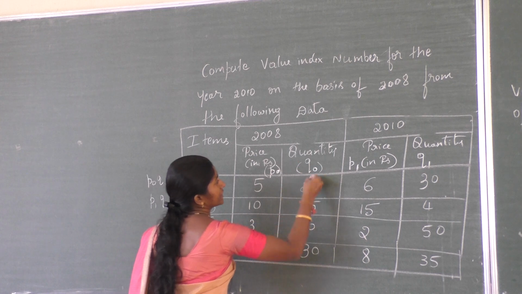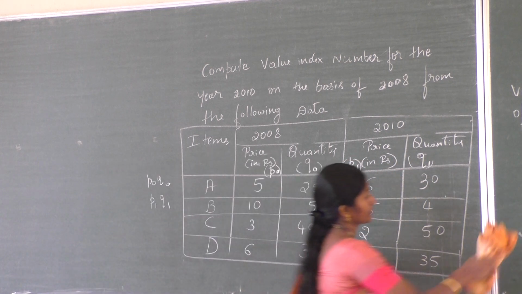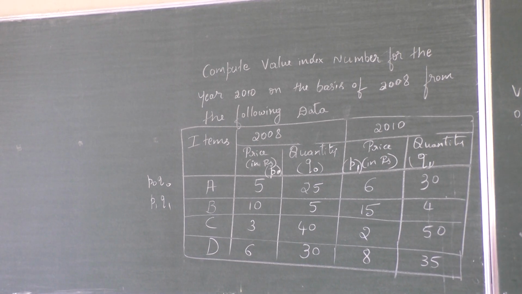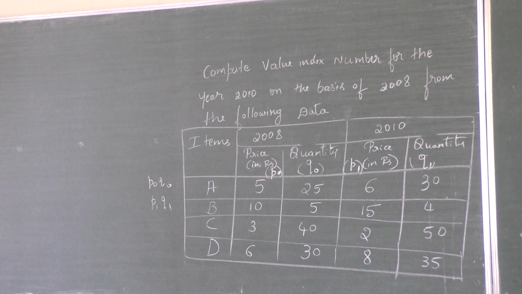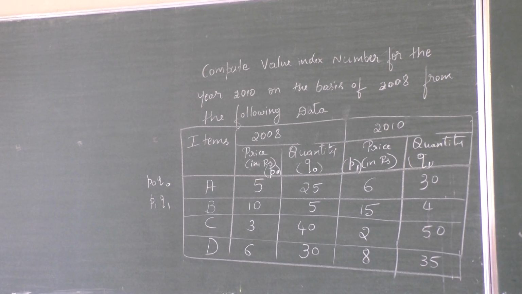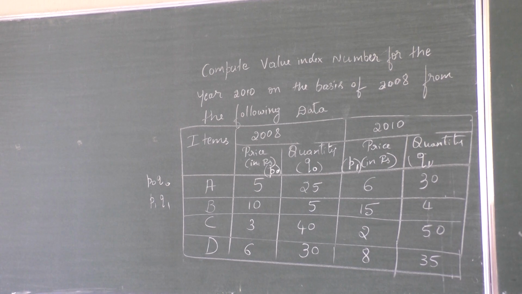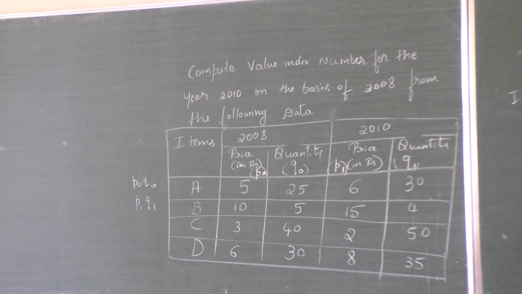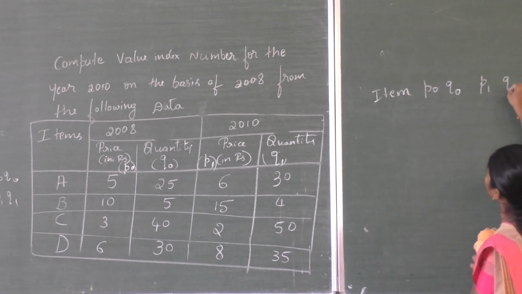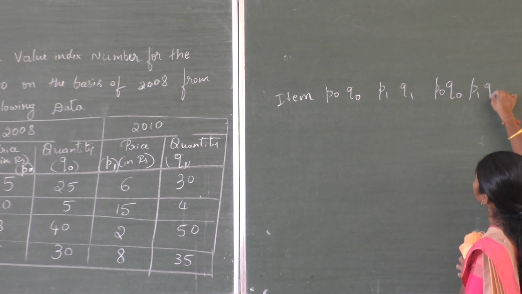We have taken it this way. Next we will multiply, item by item, P0 Q0 and P1 Q1.